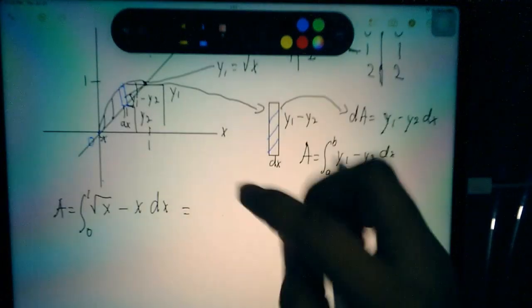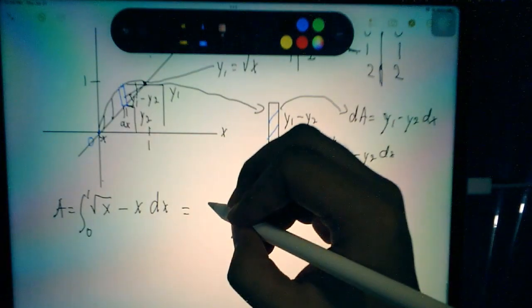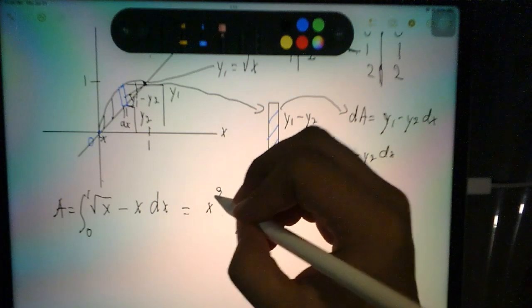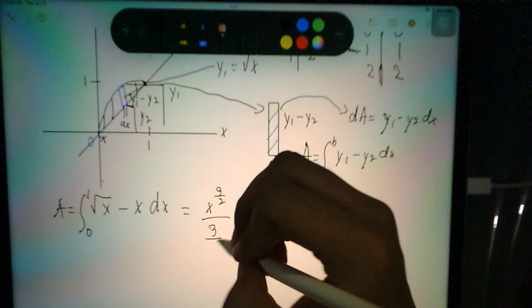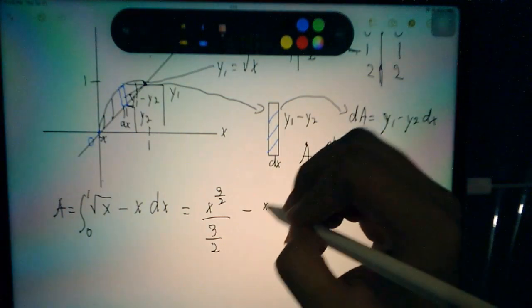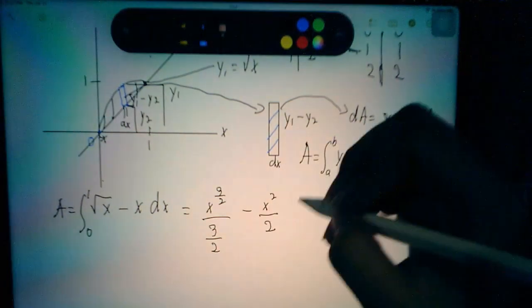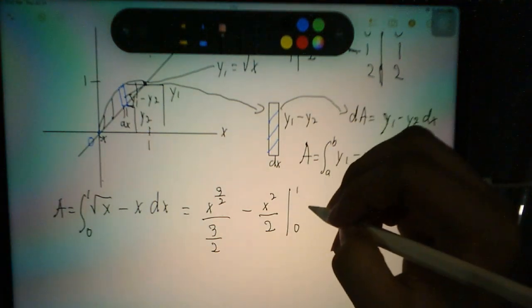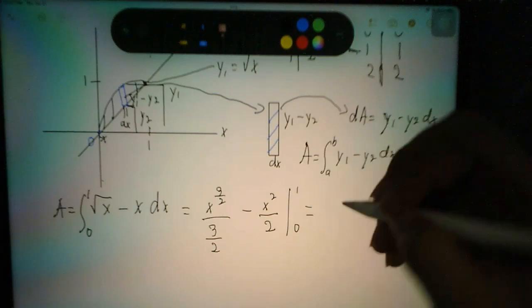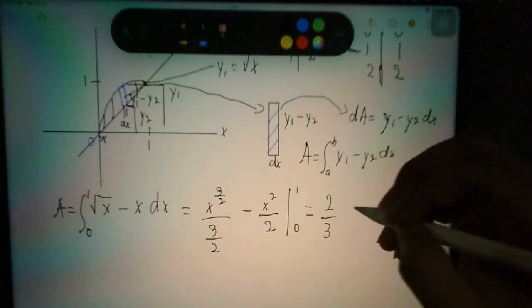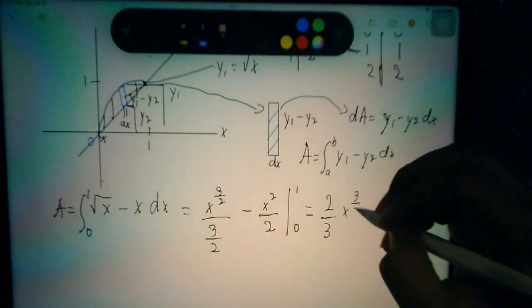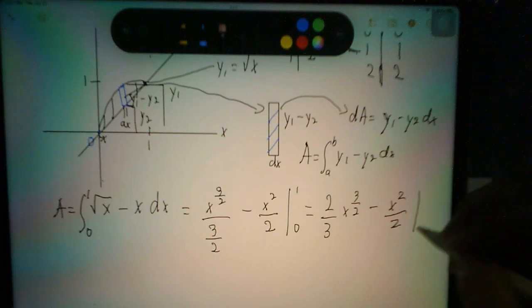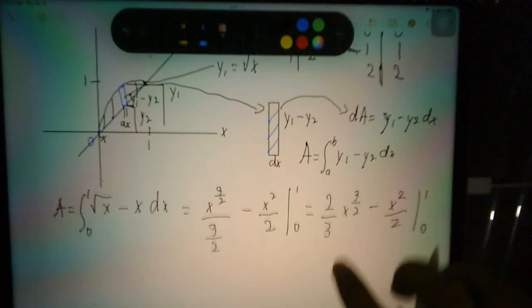So now the answer of this is by integrating this: x raised to 1/2 plus 1 is 3 halves, over 3 halves, minus x squared over 2, from limits 1 and 0. So by simplifying this further, this equals 2/3 x raised to 3 halves minus x squared over 2 from limits 1 and 0.